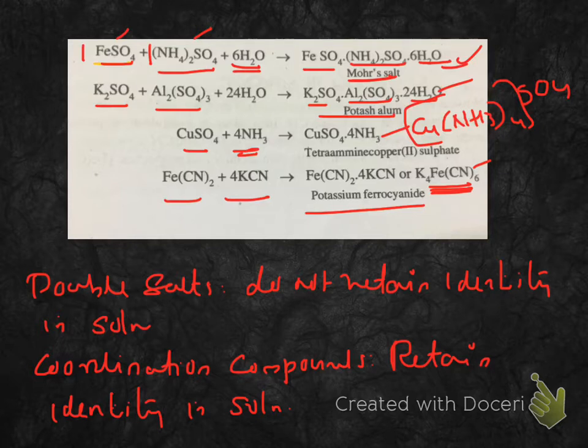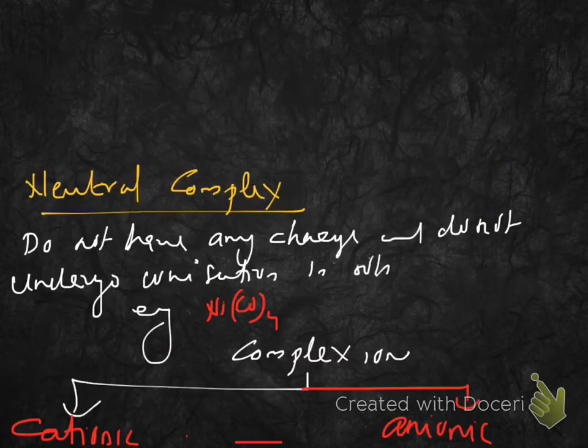But when they are dissolved in water, double salts completely ionize to form individual ions. They do not retain their identity in aqueous solution. They completely undergo dissociation.